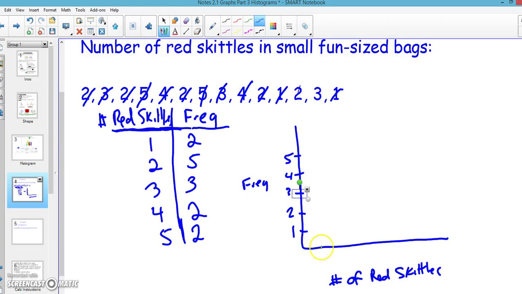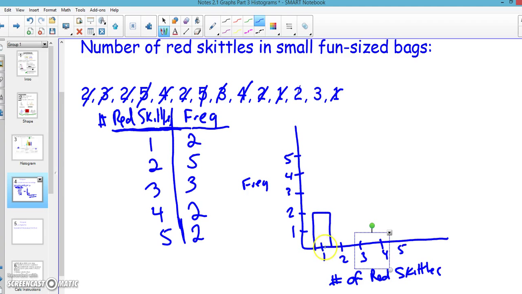Okay, that also went between 1 and 5. And when I draw my bars this time, since it is a histogram, I'm going to make sure my bars touch and that they are centered over the value.